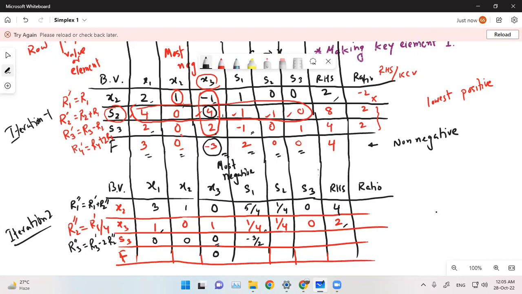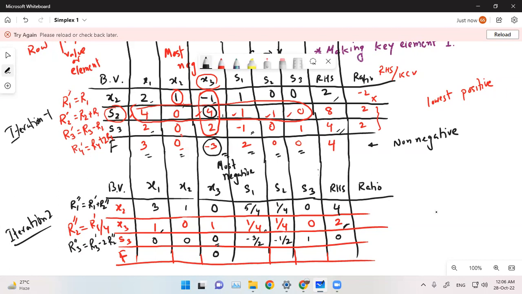And this will be minus half. Okay, so this will be 1 and this will be 0. How is it coming? Basically, previously it was 4, and then 4 minus 2 into 2, basically 0.